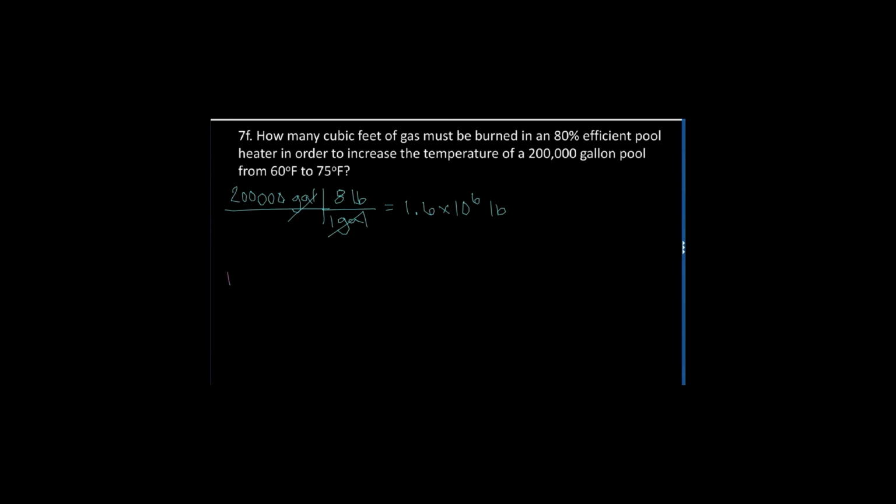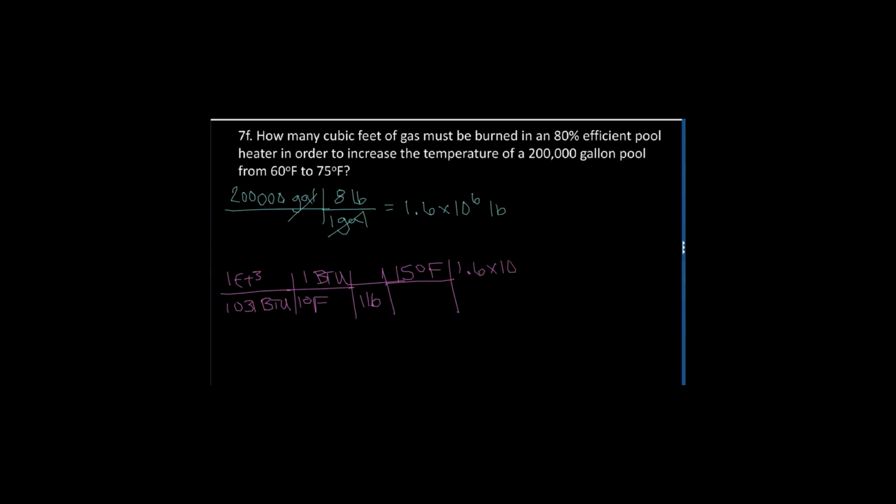So here we go. 1 foot cubed, 10, 31 BTU, 1 BTU is 1 degrees Fahrenheit, 1 pound, 15 degrees Fahrenheit, 6.